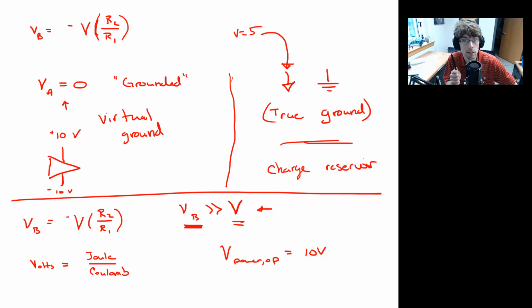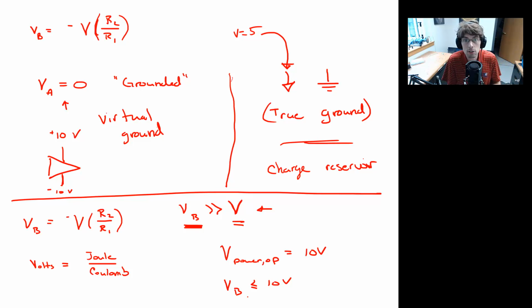What do you think the maximum possible output would be? Remember, energy conservation will still hold. Maximum possible output, so VB will have to be less than or equal to 10 volts. So bear that in mind as well.